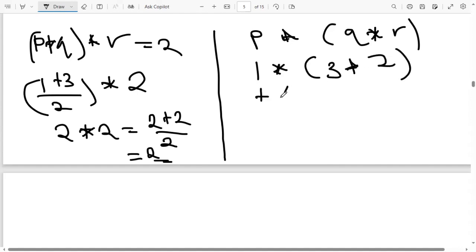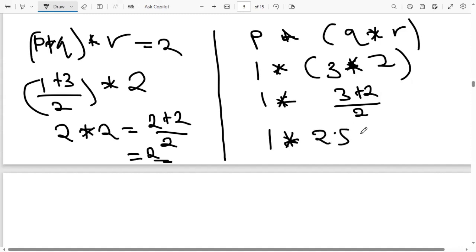So by the binary operation, what I have in the bracket simply means 3 plus 2 divided by 2. This is the star here. And then this will be 1 star, 3 plus 2, which is 5, and then 5 divided by 2 is 2.5. Then if I have something like this, it will mean 1 plus 2.5 divided by 2, based on the definition that we have there.